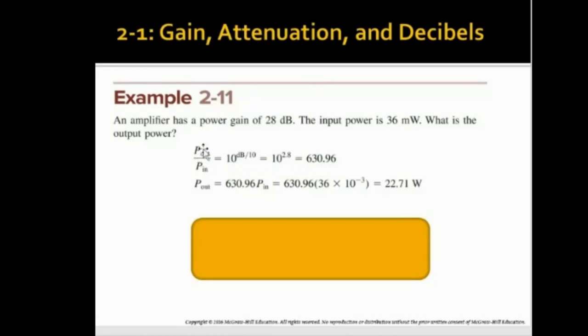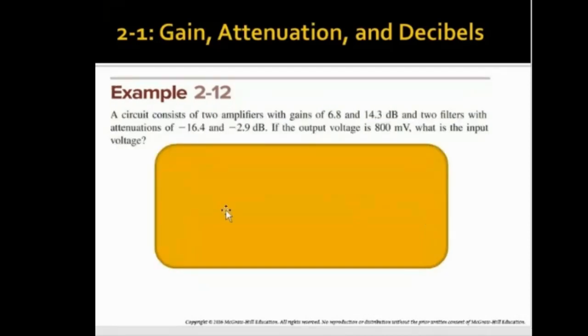To find P out, we have P in times 630.96. So our P in is 36 milliwatts, meaning 36 times 10 power minus 3. So then we have 22.71 watts.